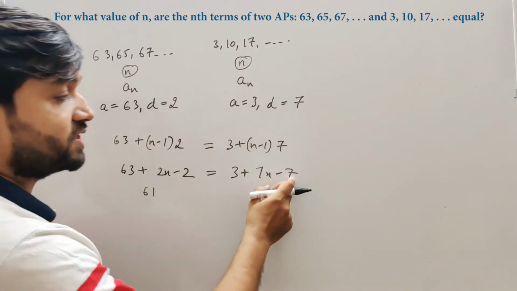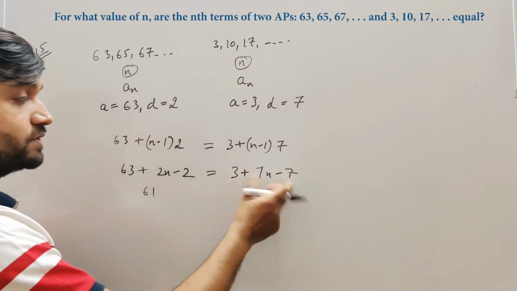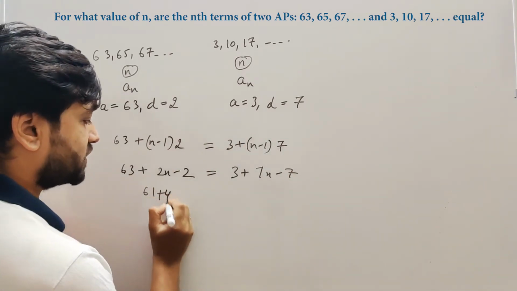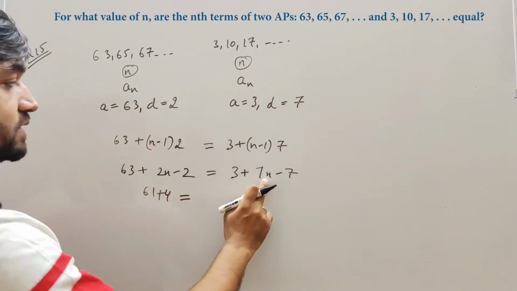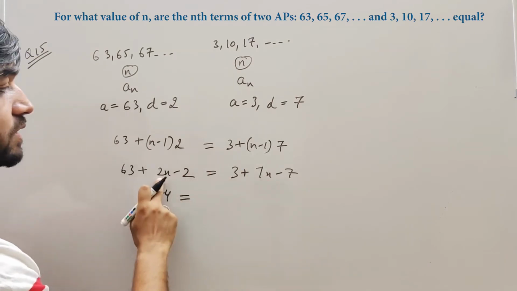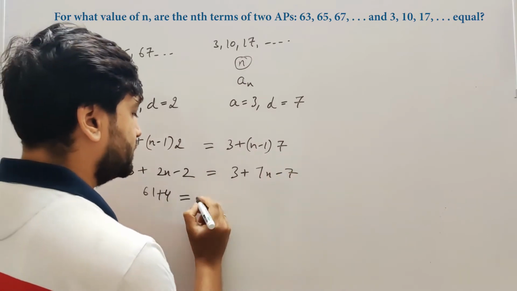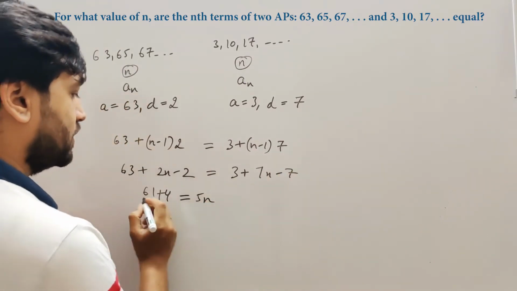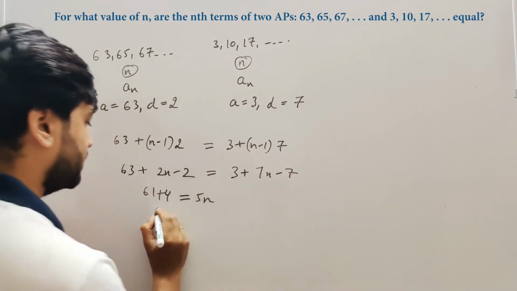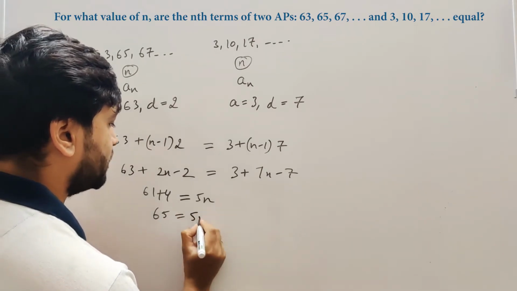This minus 4, when I take it to the other side, becomes plus 4, equal to 7n, and 2n goes to the other side, so becomes minus 2n. 7n minus 2n is 5n. So 61 plus 4 is 65, equal to 5n.